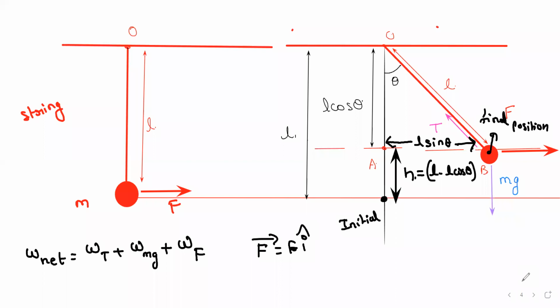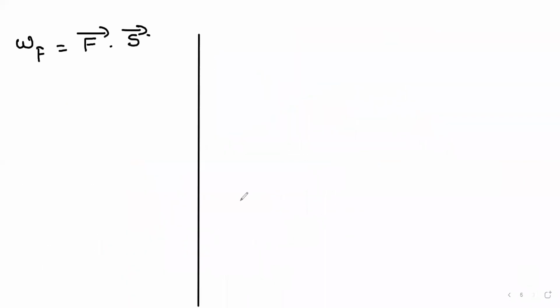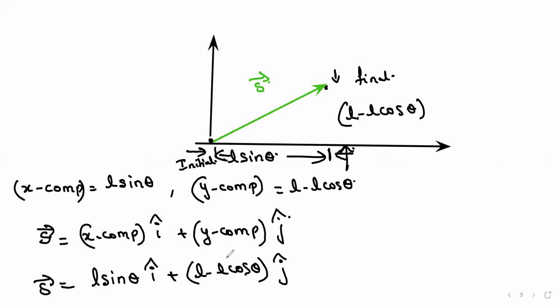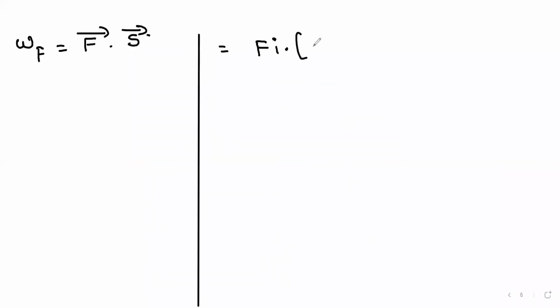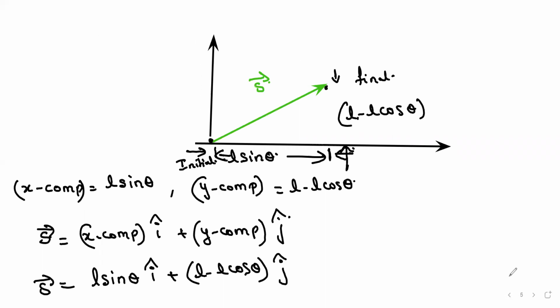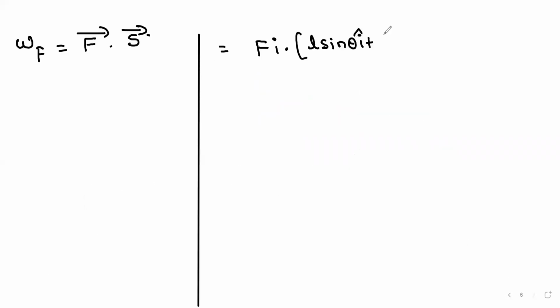Yes, sir. So substitute Fi here. So I get Fi dot, and the displacement vector is L sin theta i plus L minus L cos theta j.